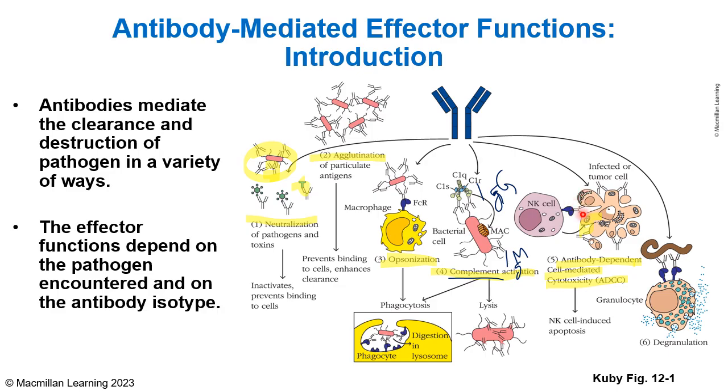When the antibody is bound, the constant region of the antibody can interact with the receptor that is present on natural killer cells. And what is the job of natural killer cells? Is to kill.